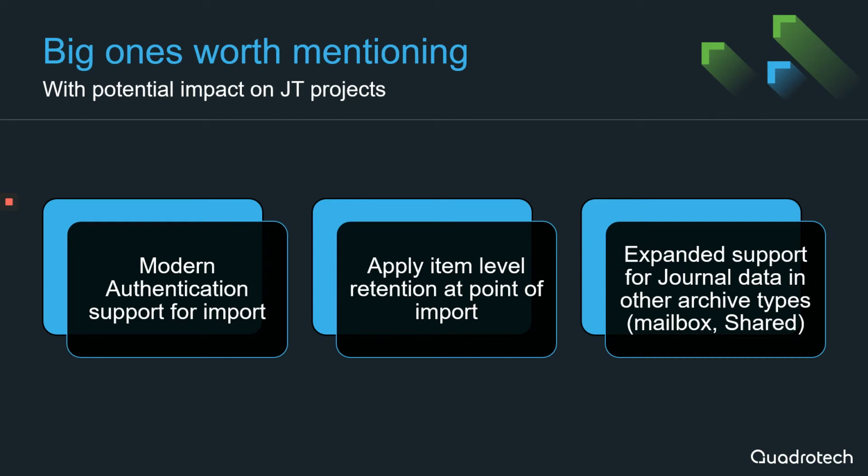This sort of functionality can frequently apply to people running journal migrations, as those tend to be the same customers who leverage retention policies that could be complex or even defined by users, or in the case of journal transformation, maybe part of a data loss prevention program where they've had a variety of retention categories applied to items.